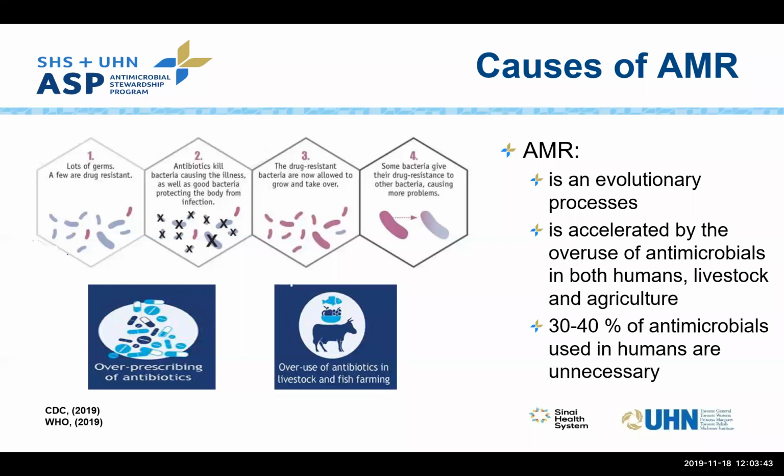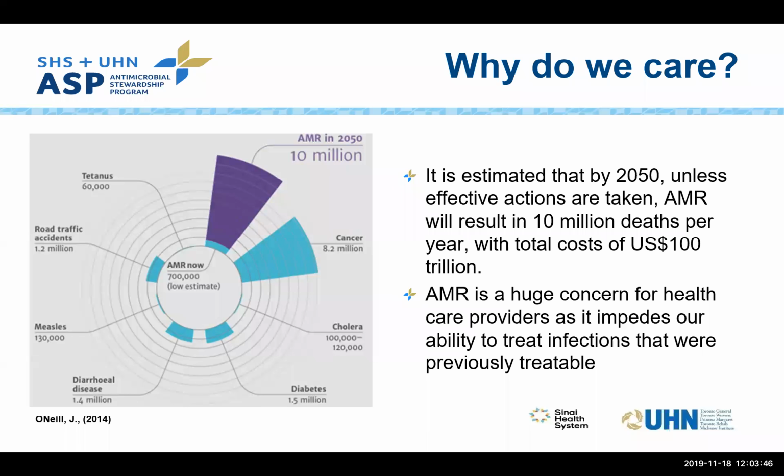Let's talk a little bit more about antimicrobial resistance. So we know we have a problem. However, why should we care? Is this a big problem, or how does antimicrobial resistance impact us? In 2014, Jim O'Neill provided a review of antimicrobial resistance, and if you note on the left side of this slide, it was estimated in 2014, with a low estimate, that 700,000 deaths were attributed to antimicrobial resistance.